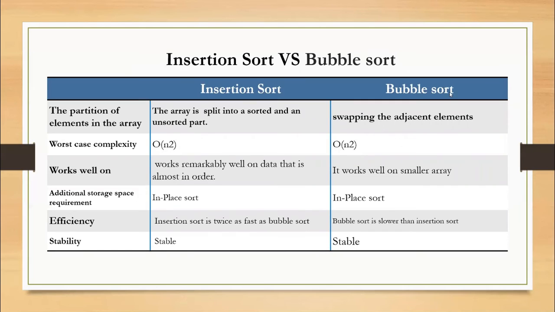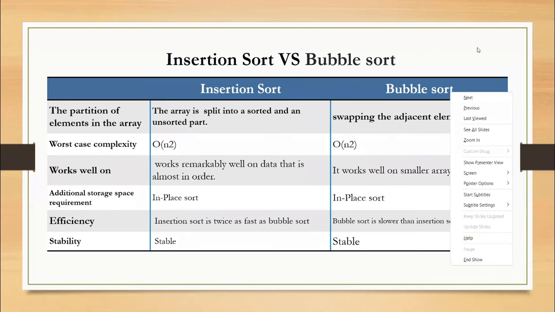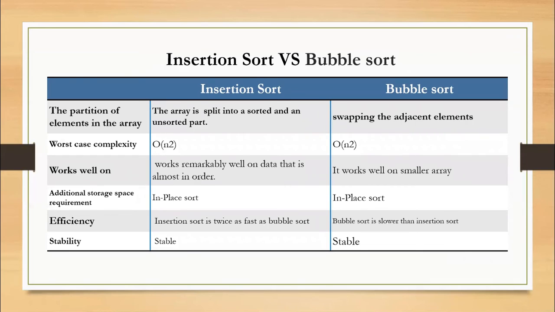As we can see, insertion sort versus bubble sort. The partitions of elements in the array: in insertion sort, the array is split into sorted and unsorted parts. Bubble sort swaps the adjacent elements.